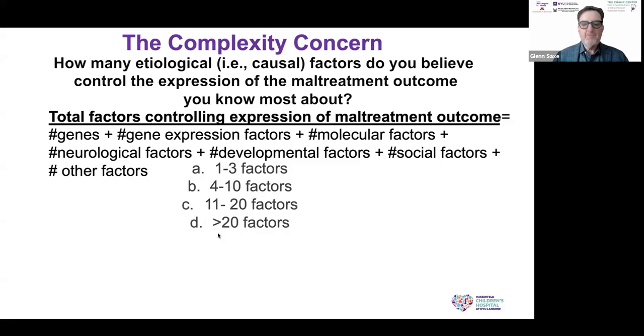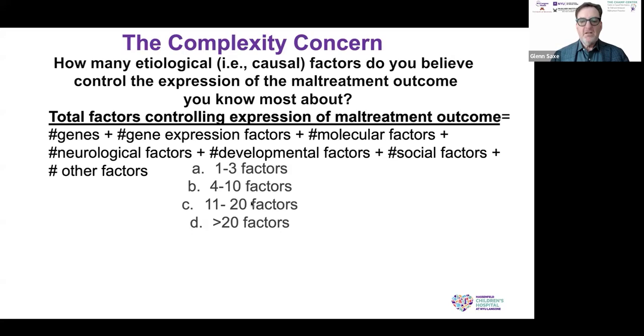This is good. So we're seeing multi-causality. Most of you, and a lot of people, it's like 11 to 20 or over 20 even. Some 4 to 10, so a lot of factors here. Okay, I'm going to end the poll now.